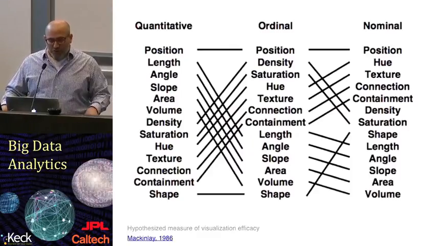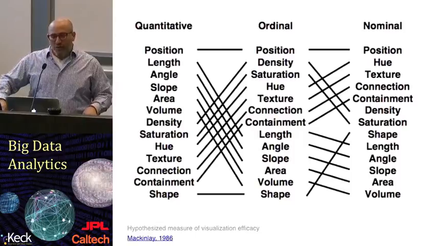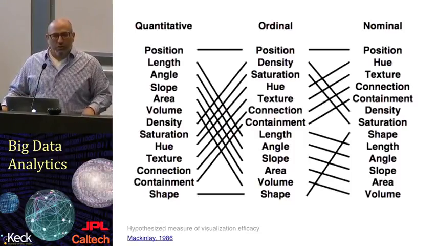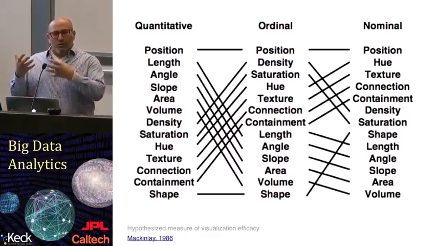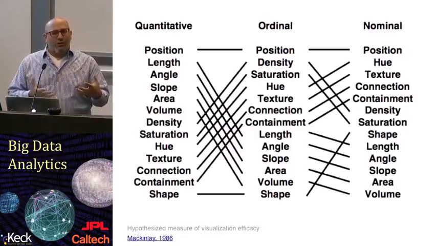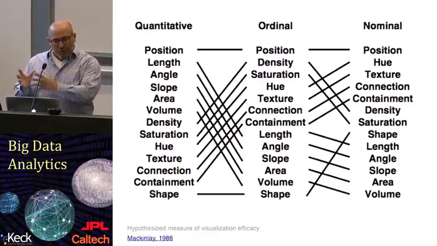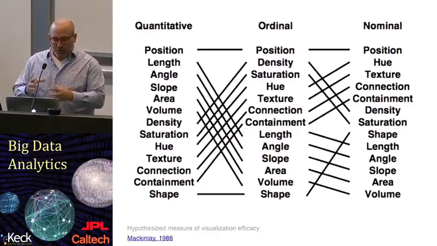But you'll also see that the next best value for nominal is hue. So that means color. So if you want to label categories, one of the best ways is differences in color, but I think we'll show in a moment, not continuous color.